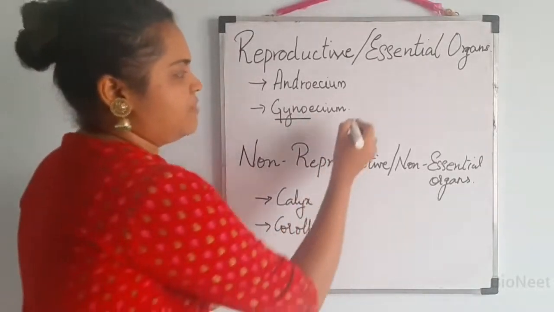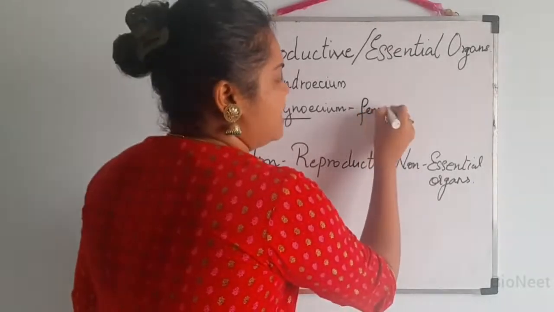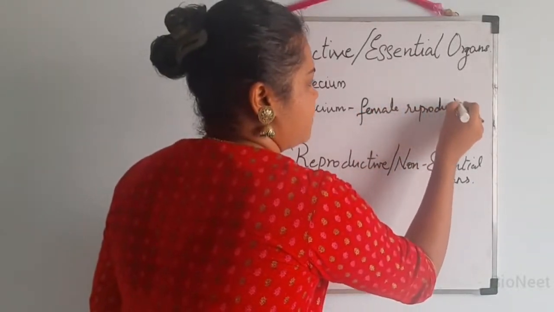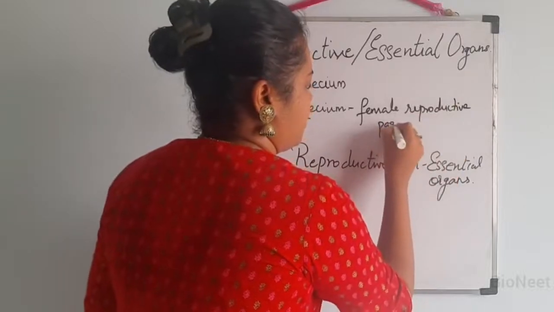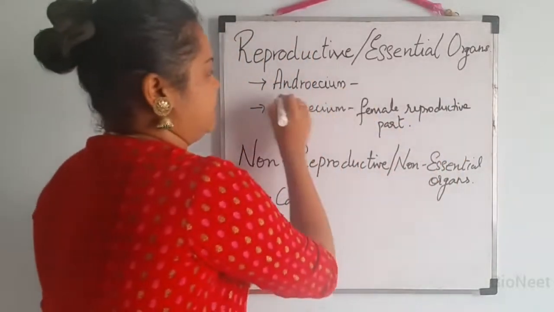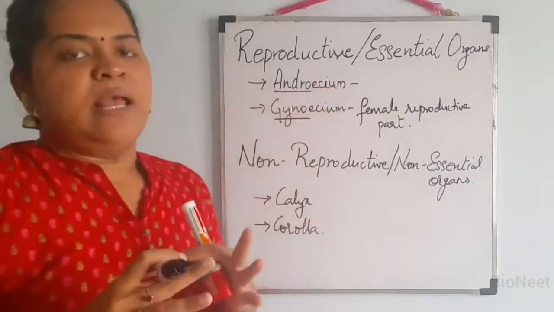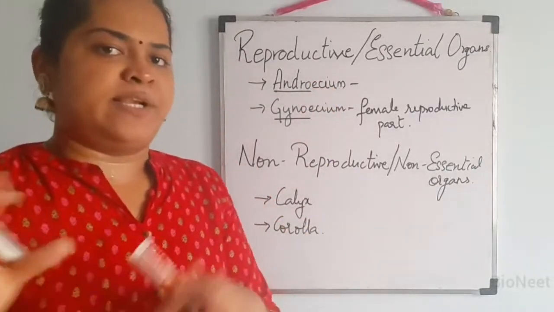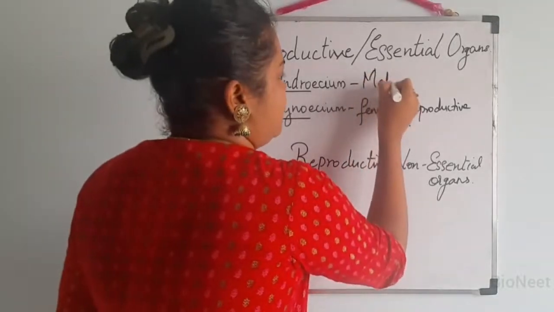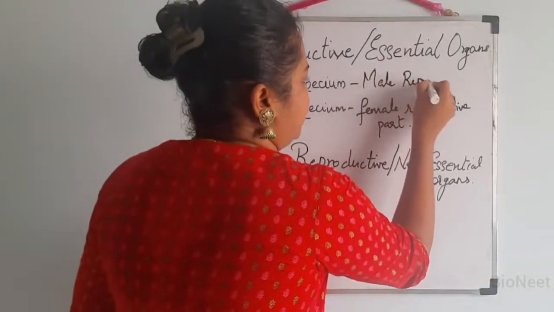So gynoecium is nothing but the female reproductive part. And androecium is the male reproductive part. Anything that starts with andro is related to the male. So androecium is the male reproductive part.